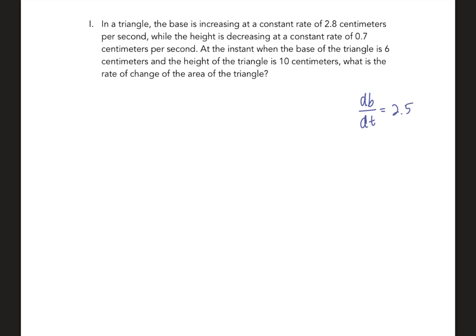The height is decreasing, so dH/dt is negative 0.7. They say at the instant when the base is 6 and the height is 10, what is the rate of change of the area? So they want dA/dt.